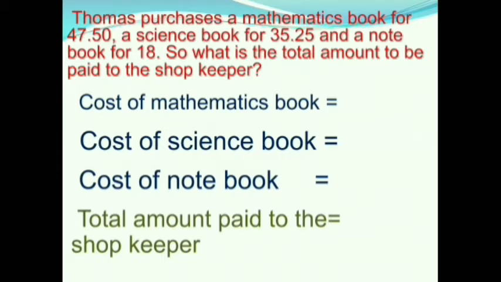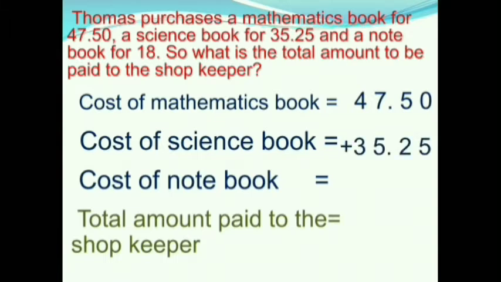Here, first we should write cost of mathematics book. What is the cost of mathematics book? Yes, the cost of mathematics book is 47 rupees 50 paise. Next we should write cost of science book. What is the cost of science book?